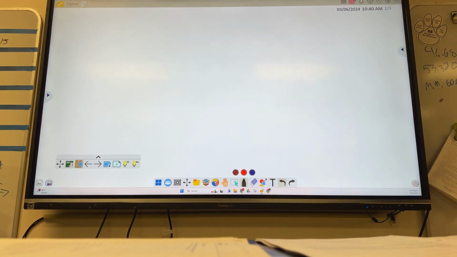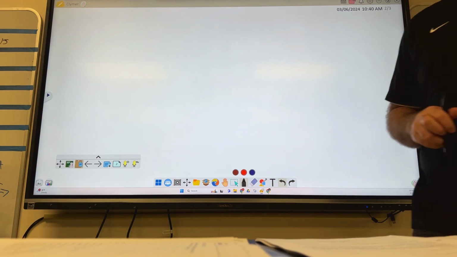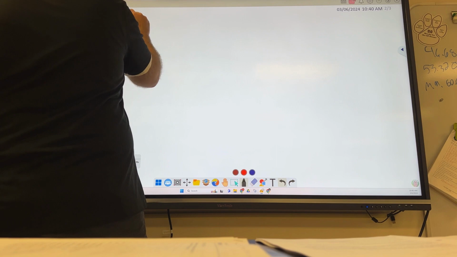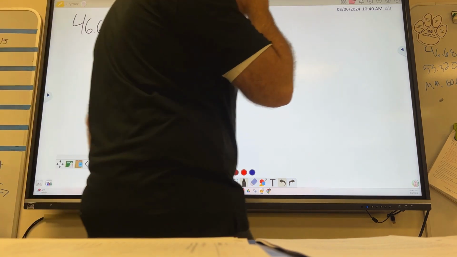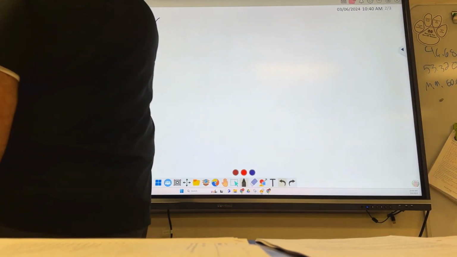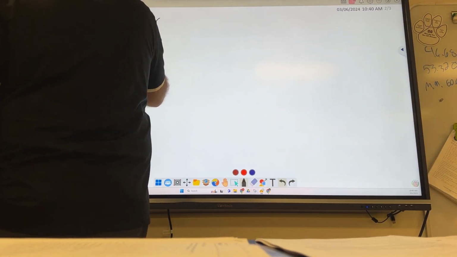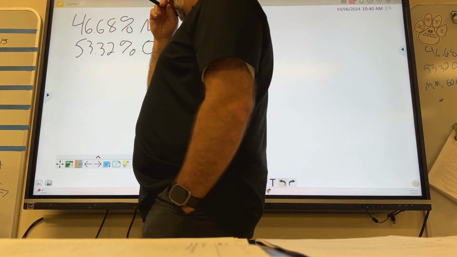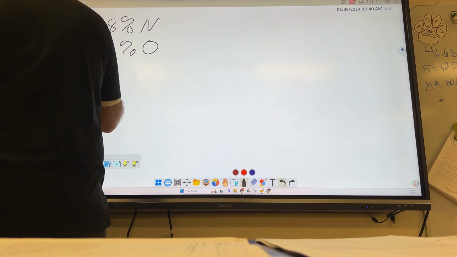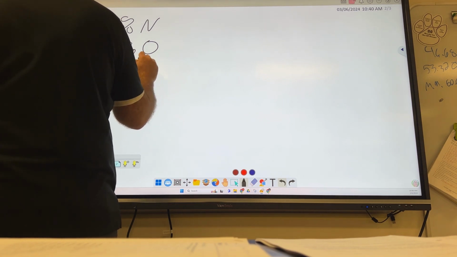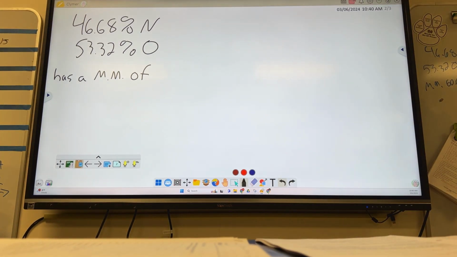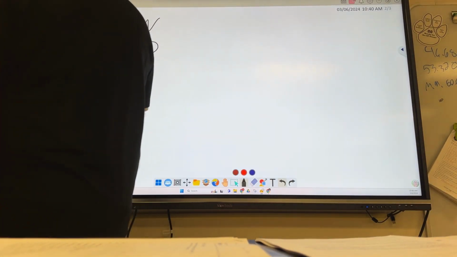So I have a compound that is 46.68% nitrogen. Whatever the opposite of that is, 53.32% oxygen. My target has a molar mass of 60 grams per mole.